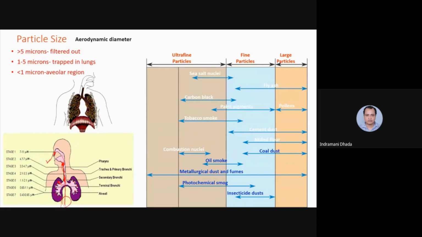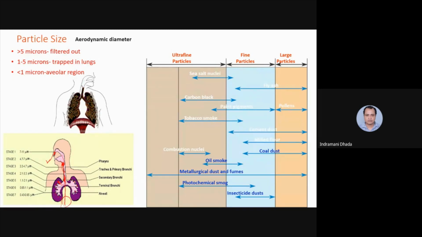So why have we defined these particles in various ranges? For PM 10, if the particle is more than 10 micron, it cannot enter into our nasal cavity, so it is called non-respirable. It is the particles which we cannot respire.